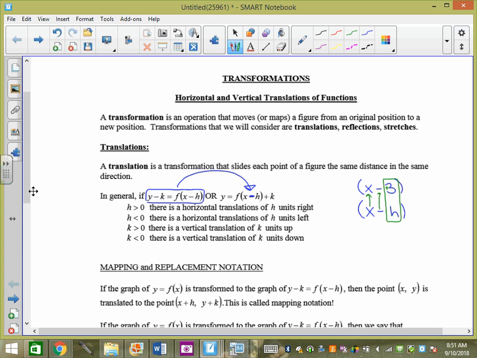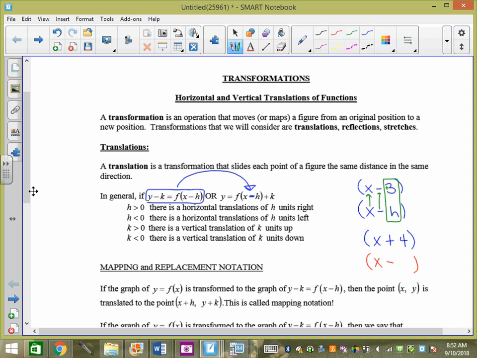Whereas k has a plus sign in front of it, right? So if I have a plus 4 at the back, k is 4. It's not any different. So let's look at the h again if it was a plus sign. What if I had x plus 4? Why do you suppose that is actually 4 to the left and not 4 to the right? The formula has a minus sign, does it not? So this is really x minus something.